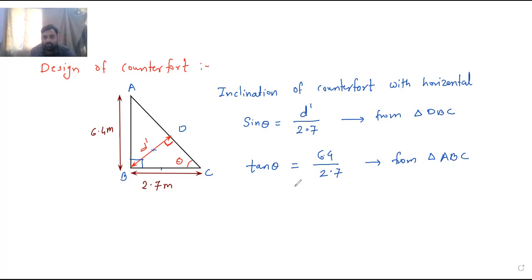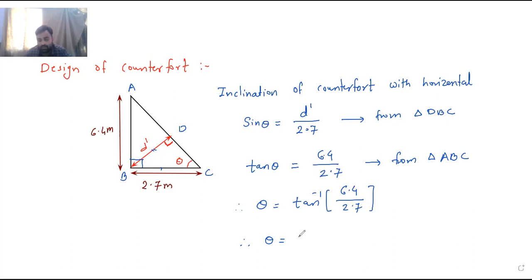Now from this we can find out theta. Therefore theta is equal to tan inverse of 6.4 by 2.7. The value of theta works out to be something like 67 degree.